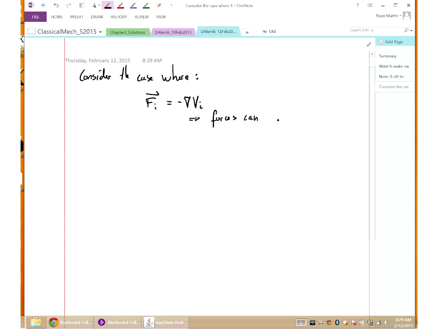So that means that forces can be obtained from the gradient of a potential.